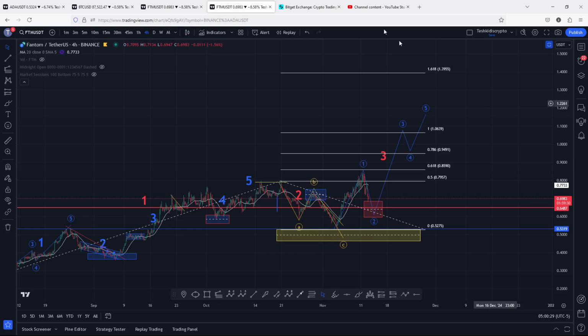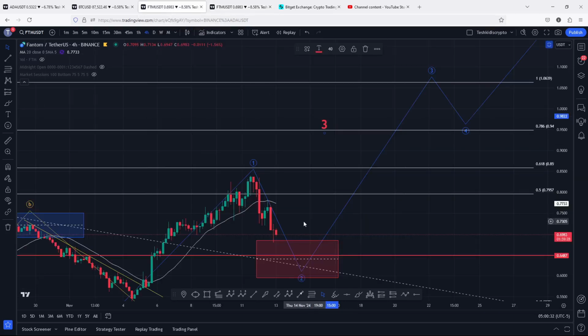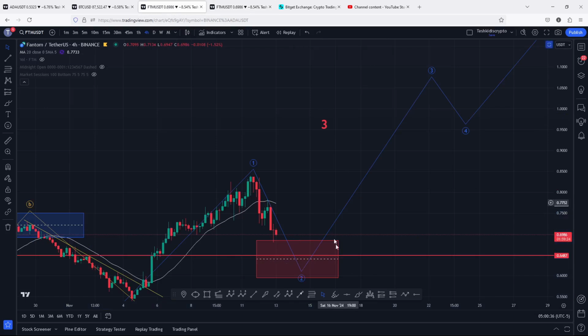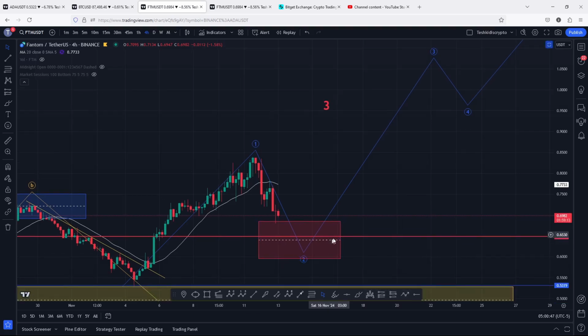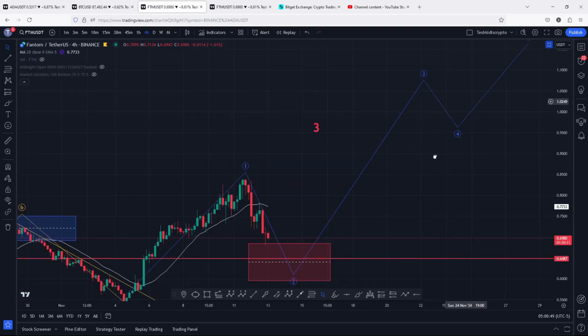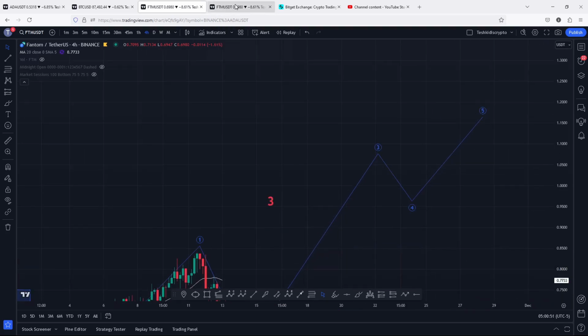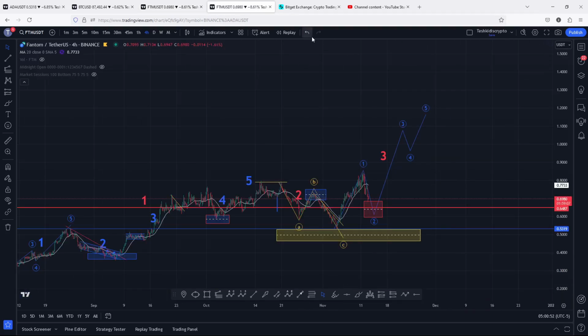And that means that in case on the short term we continue holding above this support area that I have given you here on the charts between the 0.6851 and the 0.5956, there are high chances that we are going to see a very impulsive movement to the upside in a wave 3, a wave 4, and then the wave 5 should easily get us back above the $1.39 in the next coming days.